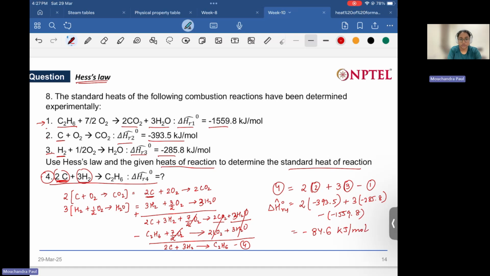This is what you should get as your heat of the reaction for reaction 4.